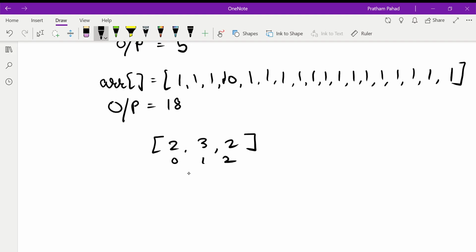If I purchase 2 and 3 candies, I can get one additional candy for free. Okay, so my total price will be 5 in this case. Got this? And one thing is that the additional candies which we are getting should be less than or equal to the highest bought candy. Let's say in this example we have 2 as the additional candy, so that is less than or equal to 3.